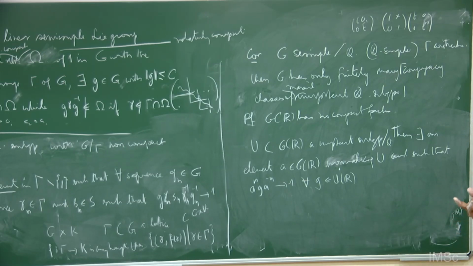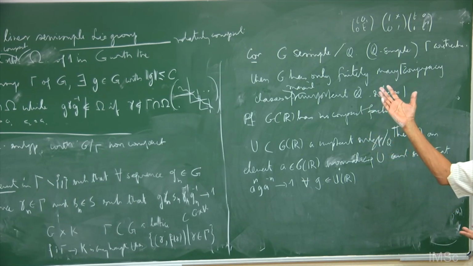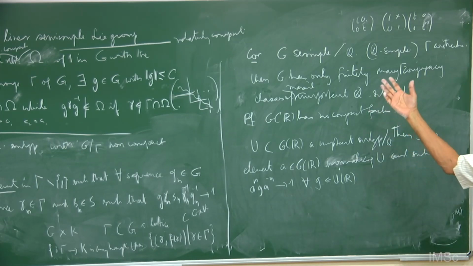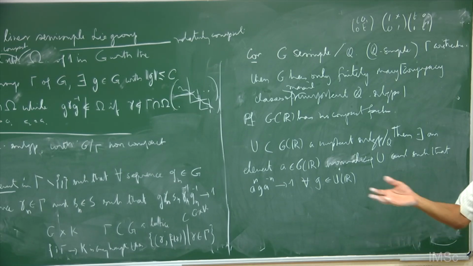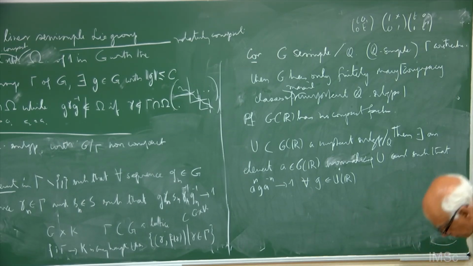No, G I am assuming is Q simple. The product will decompose, and the corresponding arithmetic group will also decompose, so you need only consider that case. In general it's also true, but once you do it for the Q simple case, it follows for the general case because everything is a product of Q simple things.